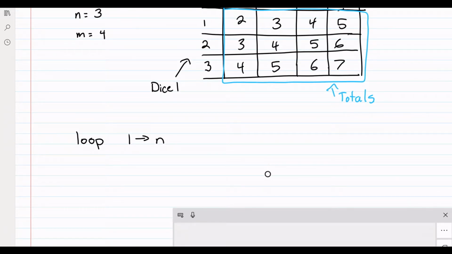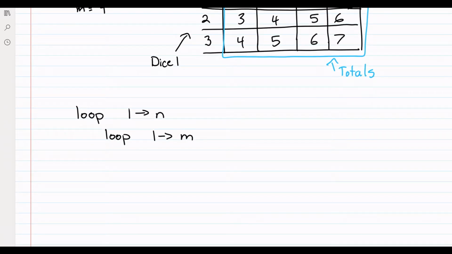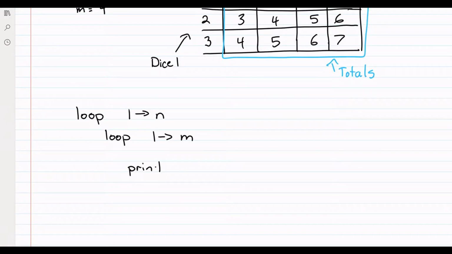And then our inside loop goes through all the values from 1 to m. If we were to print n, m, and the total to the screen, that should generate all of these values.